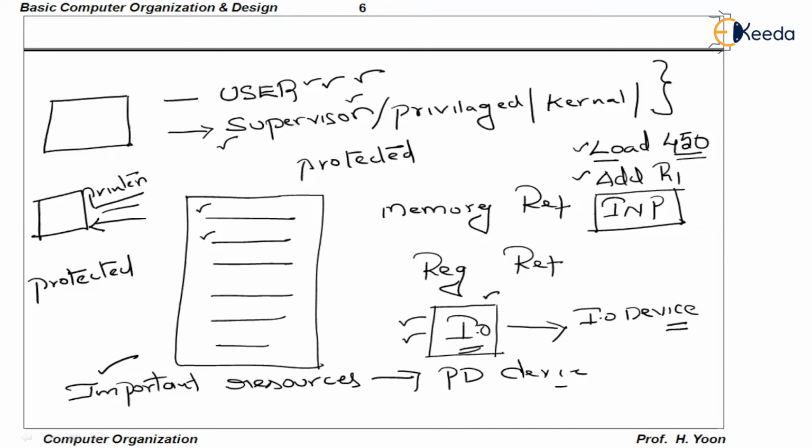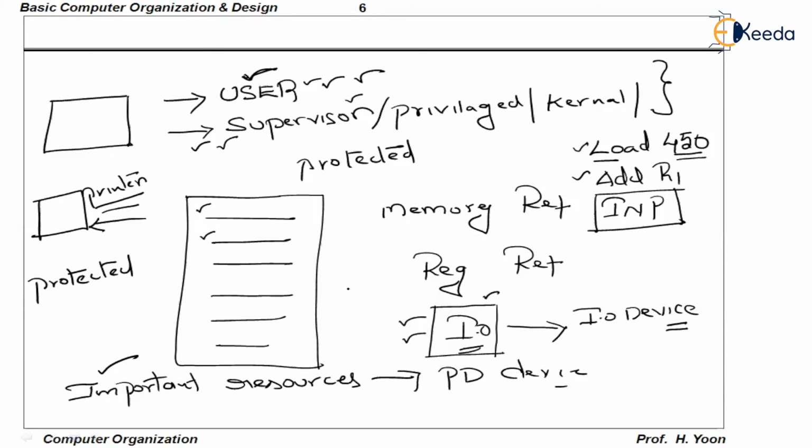That's the reason why whenever there is an IO instruction, CPU will have to execute this IO instruction by itself. User cannot execute. That's the reason why there are two modes used. One is user mode. Any other instruction can be executed in the user mode, but IO instructions can only be executed in supervisor mode. That means that CPU is directly executing this instruction on behalf of the user.